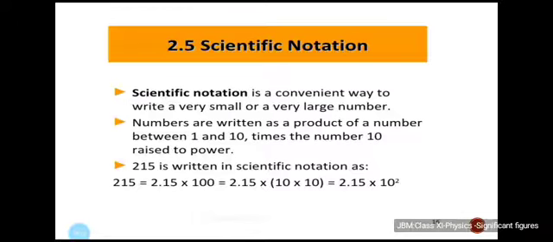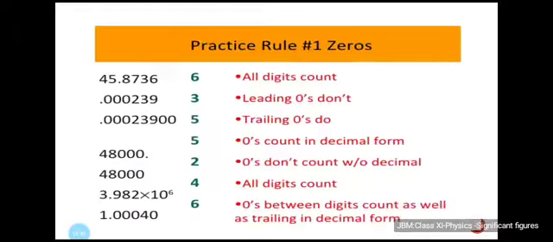Now coming to an important way of writing down a number, that is the scientific notation. Scientific notation is a convenient way to write a very small or a very large number. Numbers are written as a product of a number between 1 and 10 times the number 10 raised to a power. For example, consider the fifth one, 3.982 into 10 to the power 6.